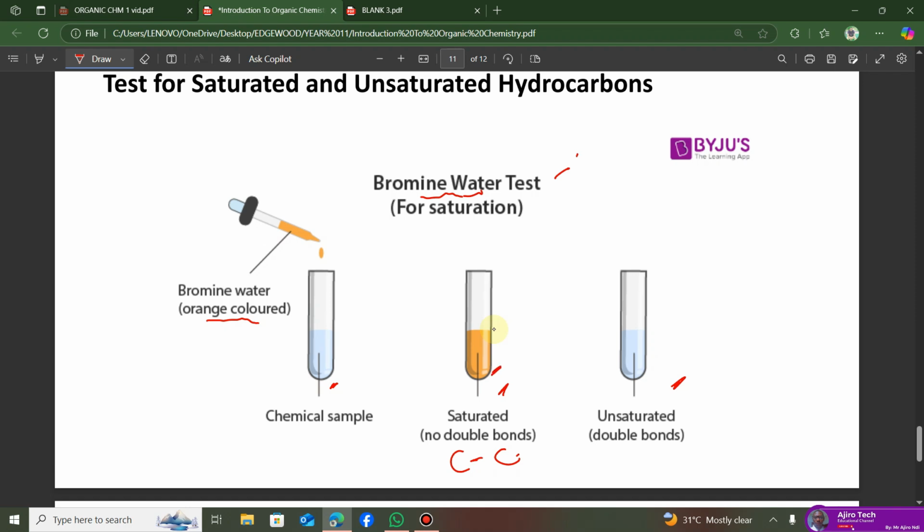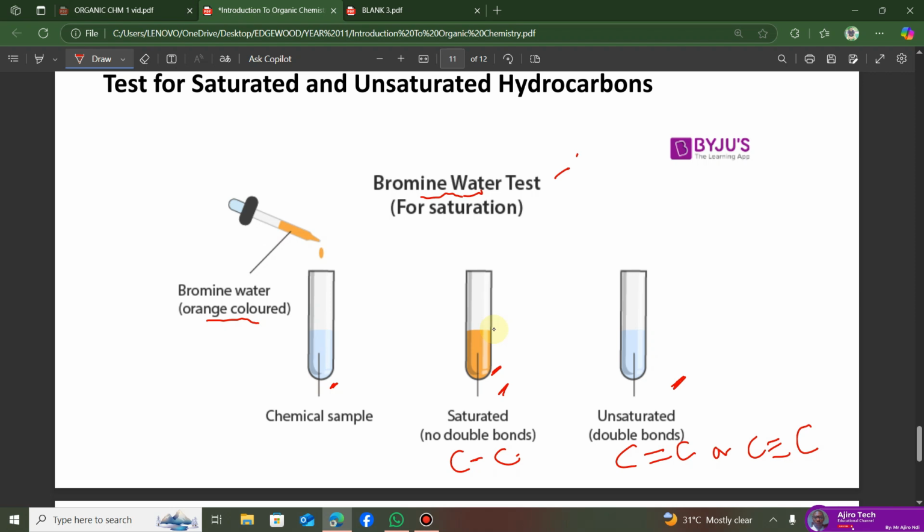That is, the color of the bromine water does not change. But when you conduct the same test for an unsaturated hydrocarbon, that is, any compound containing a carbon-carbon double bond or a carbon-carbon triple bond, you would observe that the bromine water would decolorize. That is, it's going to become colorless.